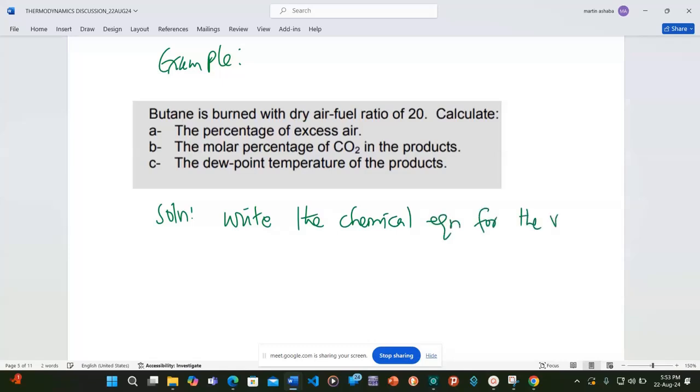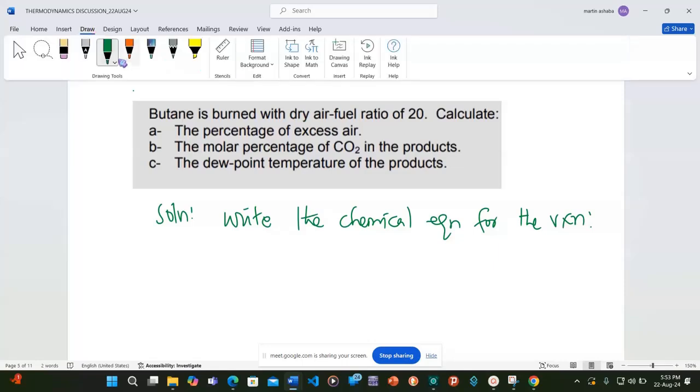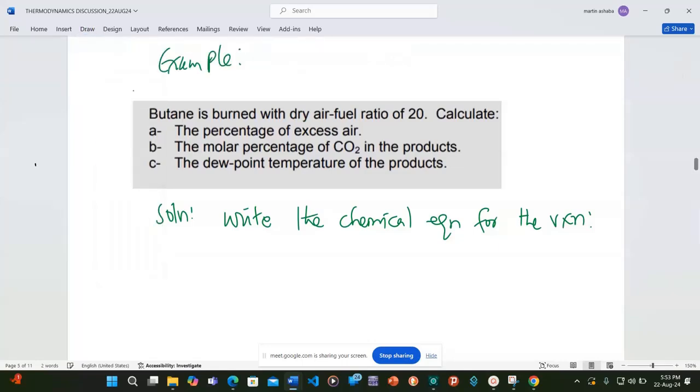For the reaction, we are going to write, this is butane. The butane is also an alkane, and it has 4 carbon atoms, meaning it is going to be C4H10 from CnH2n+2.